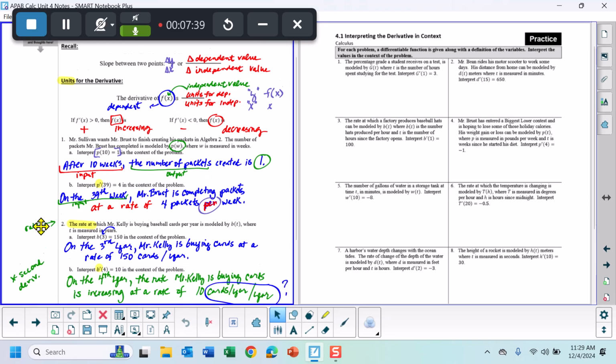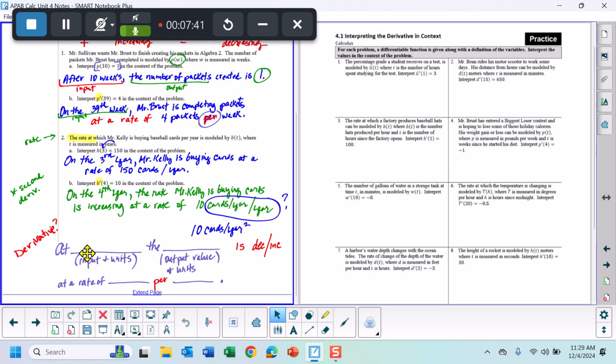So this first section of the unit was really about just developing really good habits about full answers with input units, output units, and then telling whether something is increasing or decreasing at whatever rate.